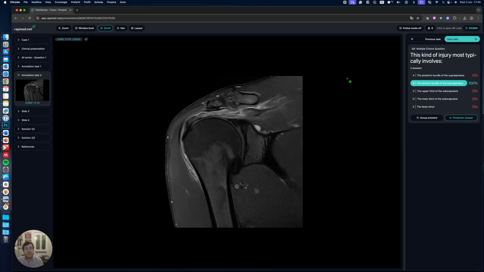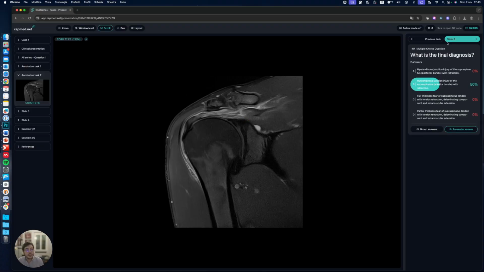This kind of injury at the myotendinous junction most typically involves the anterior bundle of the supraspinatus, and we will see why. It's due to its specific anatomy. The final diagnosis was a myotendinous junction injury of the supraspinatus, of its anterior bundle, with fiber retraction.